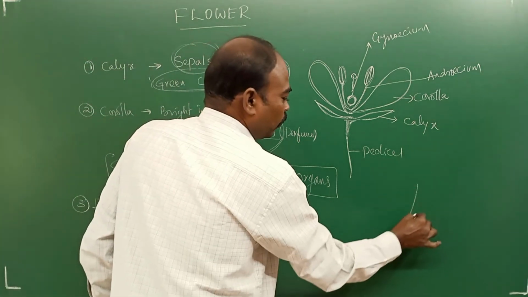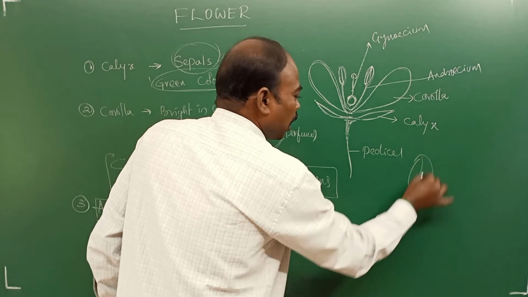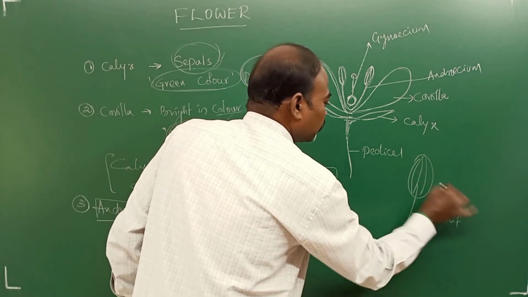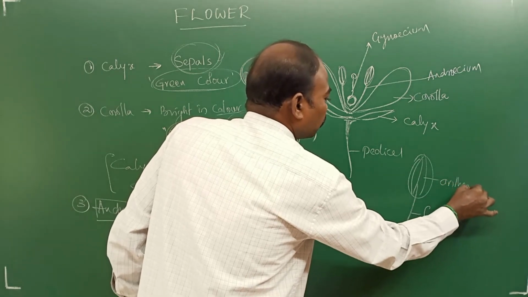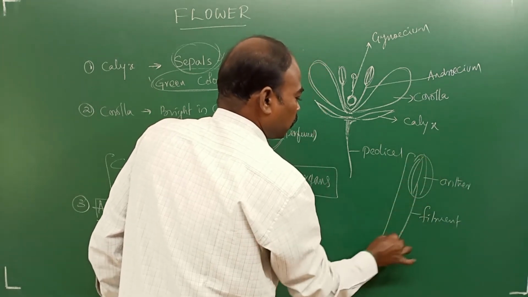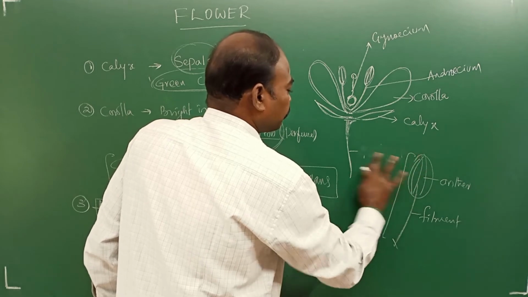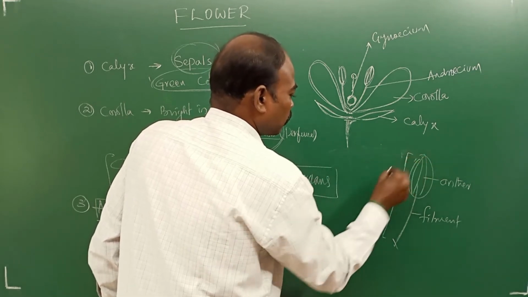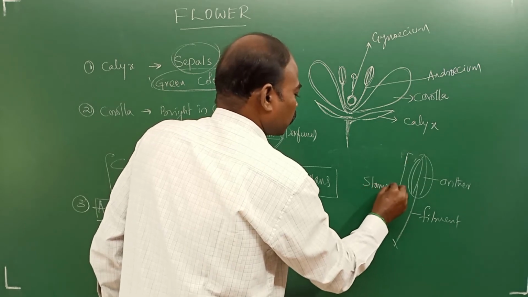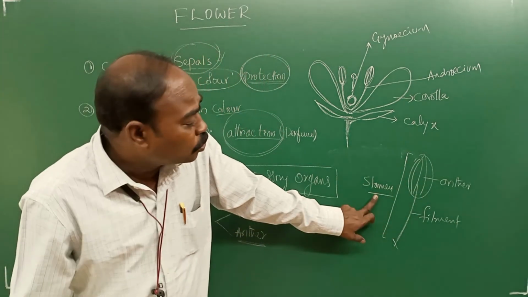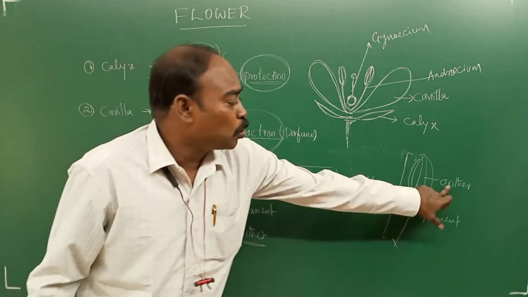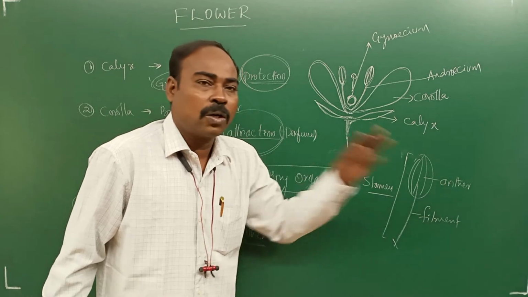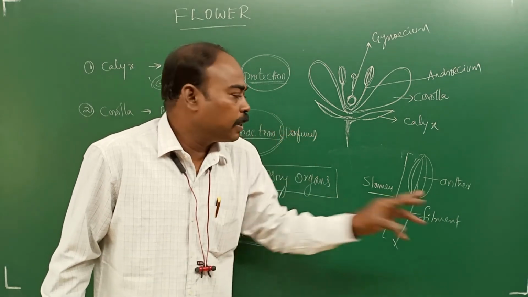So filament and anther. Right? So stamen has two parts. One is a stalk called filament. The other one, the globose, fertile part, is called anther.